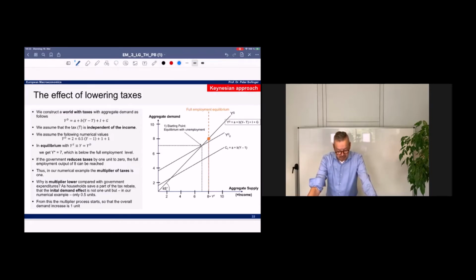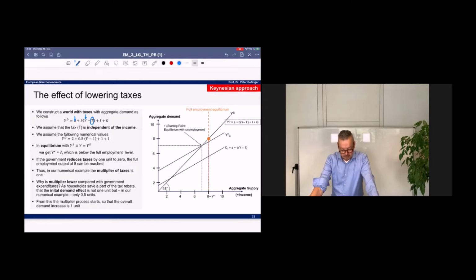So in order to discuss this, we have to change our equation for aggregate demand. And we have now aggregate demand, we have here the taxes. And we assume that aggregate demand now is made up of autonomous consumption here, of the incomes that people earn, minus the tax, times the propensity to consume, plus investment, plus government expenditures.